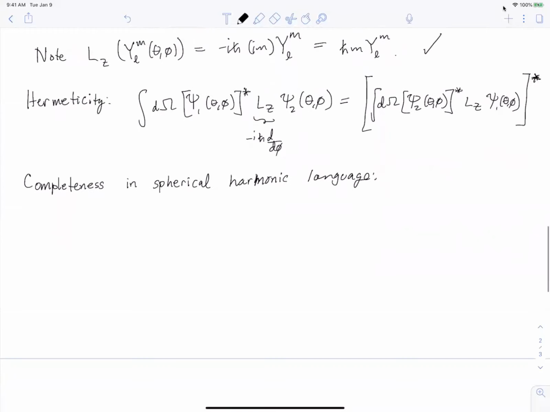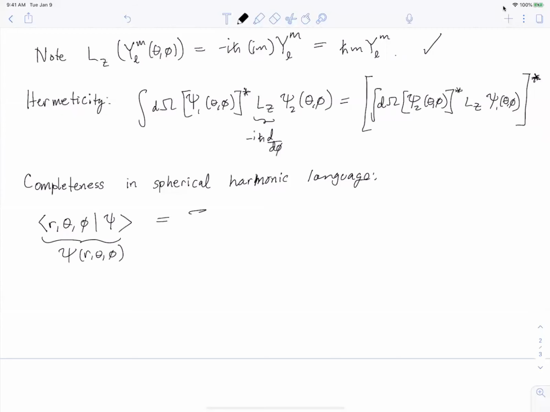Okay, and so we start with some wave function, as we did at the beginning of class. But now I'm not assuming necessarily that this is an eigenstate of angular momentum. I'm just letting it be an arbitrary psi. So this is a wave function psi of r, theta, and phi.